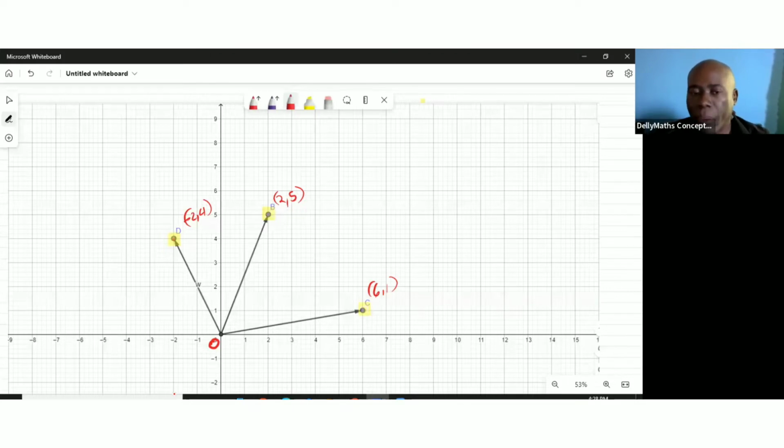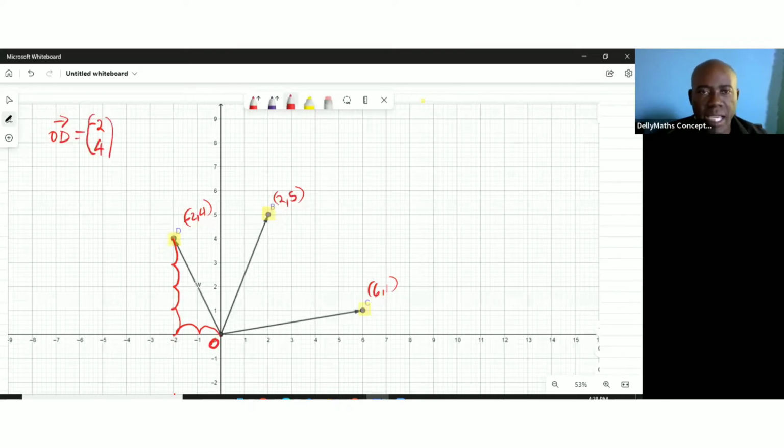When we're looking at the position vector, remember, the vector is just a line segment connecting two points. From the origin to D, we have this OD as a vector. You would have traveled 2 places to the left, which signifies the -2, and then 4 places upward to D, giving (-2, 4).